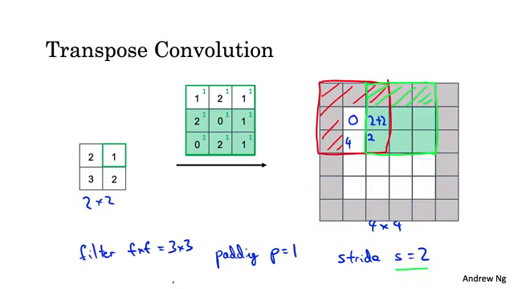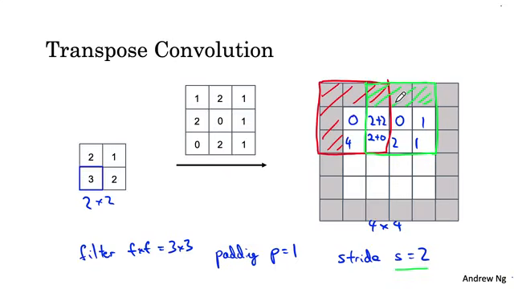So you end up with 2 plus 2. The next entry, 0 times 1 is 0. Then you have 2 plus 0 times 1, so 2 plus 0, followed by 2, followed by 1. And again, we shifted 2 squares over from the red box here to the green box here because we're using a stride of 2. Next, let's look at the lower left entry of the input, which is a 3.